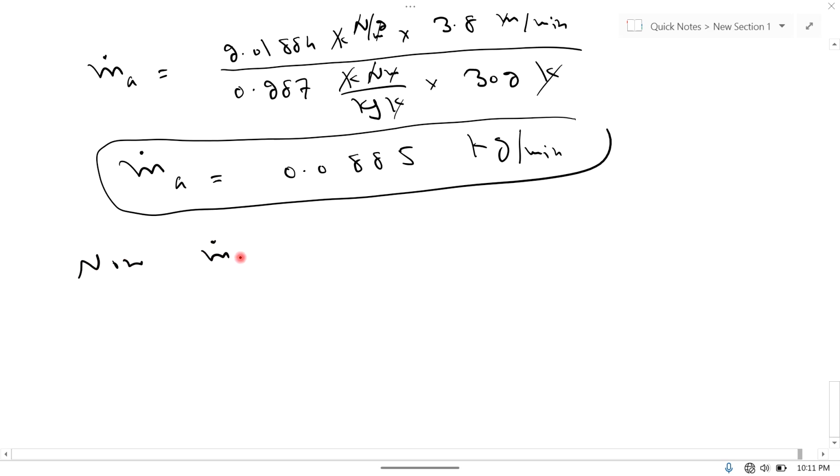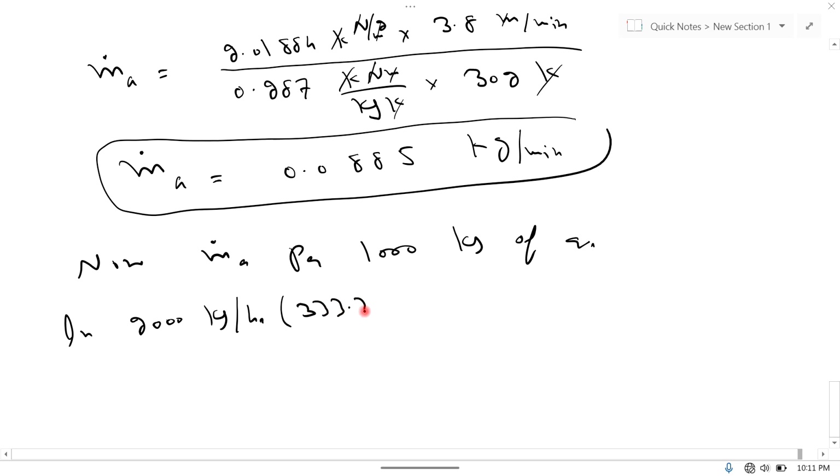So m dot A per 1000 kilogram of steam: 2000 kilogram per hour, in kilogram per minute, is 33.333 kilogram per minute.